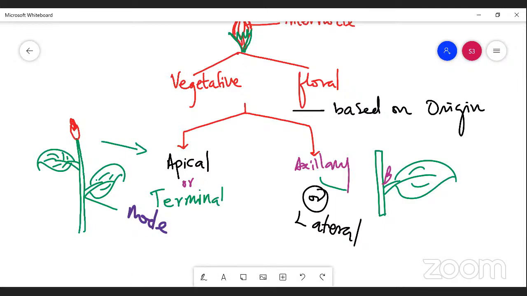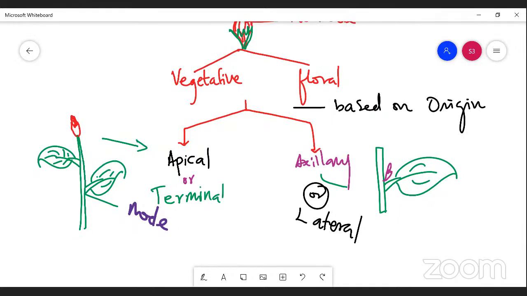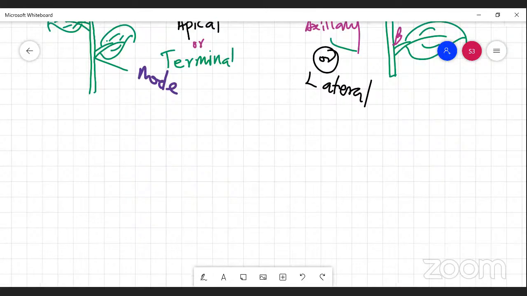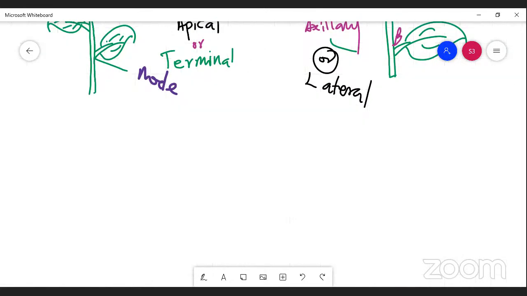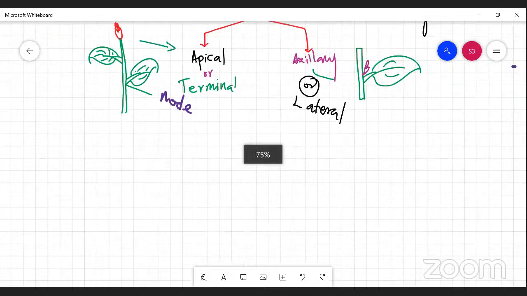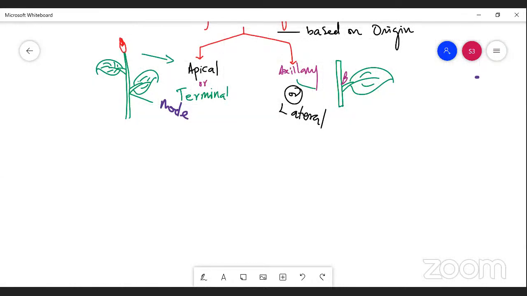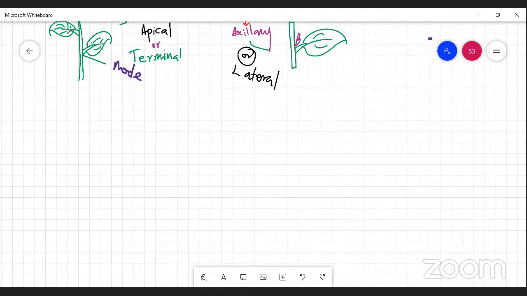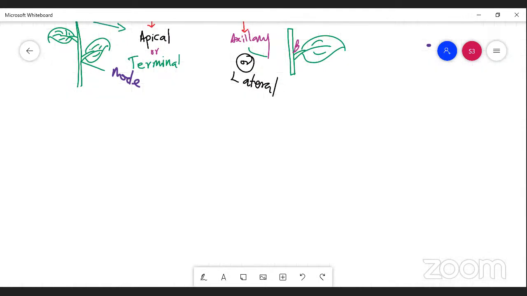Then next we pass on to axillary buds, which are further classified into the following types. Or the lateral buds are further classified into the following categories. I'm talking about the second category, axillary buds.